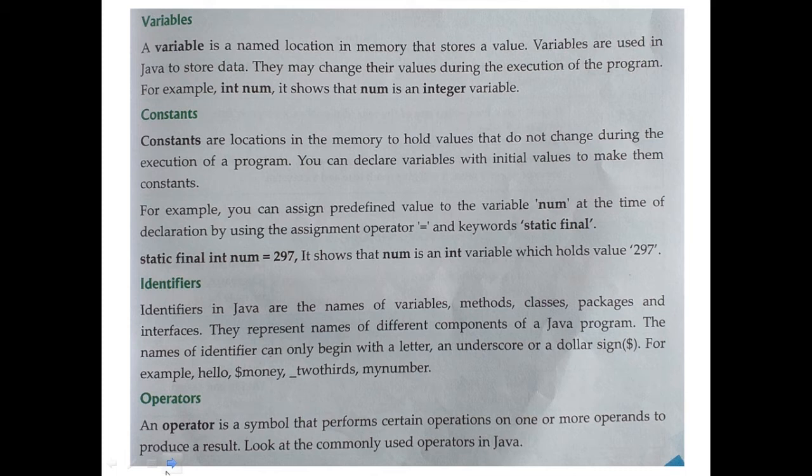Constants are fixed values, like 10. So fixed, 10 means 10 only, 9 means 9, 8 means 8. If I write a is equal to 10, that means I am fixing the value, that becomes a constant. We can even use static final to make it constant. Identifiers in Java are names of variables, methods, classes.